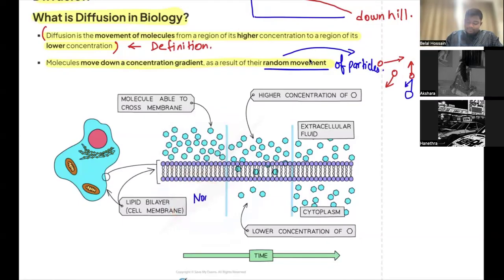Then some glucose molecules started to diffuse in, because the concentration is always going to drive it to go from a region of high concentration to low concentration, and then it will equalize.